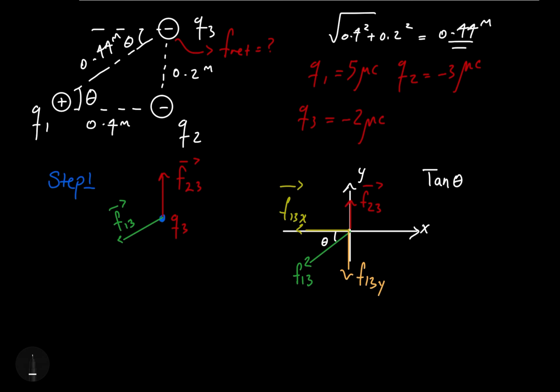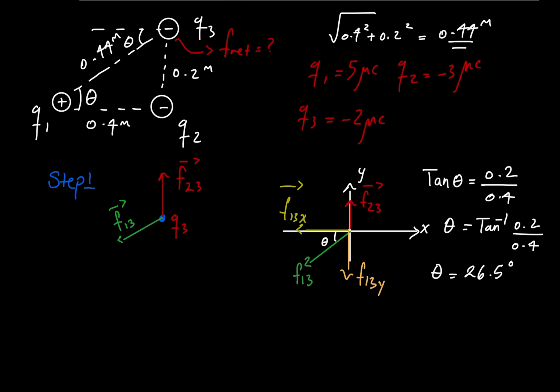The tangent of theta is the opposite side, that's 0.2, over the adjacent side, which is 0.4. So theta is simply the tan inverse of 0.2 over 0.4. Taking the tan inverse of 0.2 divided by 0.4, the answer is 26.5 degrees.